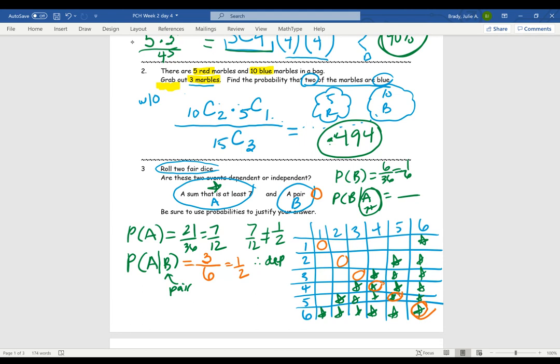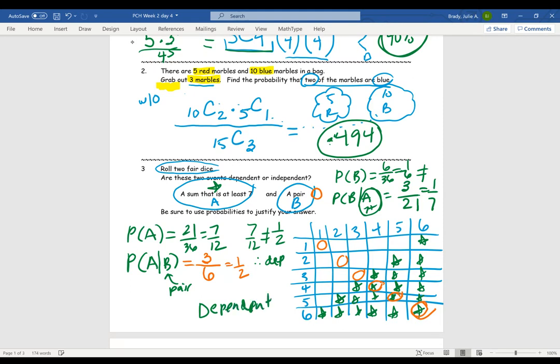The 7 or more were the 21. And then we know we have a pair. Oh, sorry, we know we have a 7 or more. There's only 3 of them. This is 1/7. And again, these two aren't equal. So we say the events are dependent.